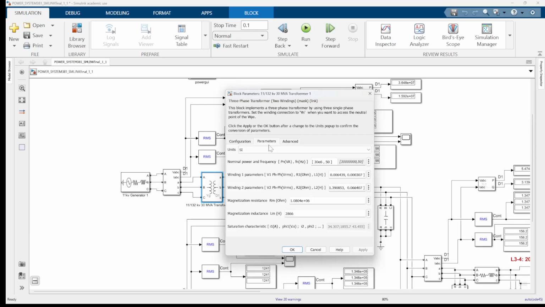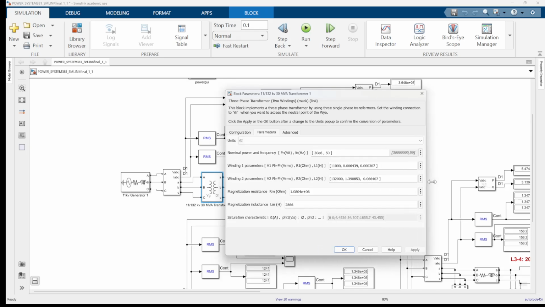The winding parameters that we have calculated are inserted here. The nominal power is 30 MVA for transformer 1. It is stepping up from 11 kV to 132 kV. Then the primary R and L values, or the resistance and inductive values, are punched in here.